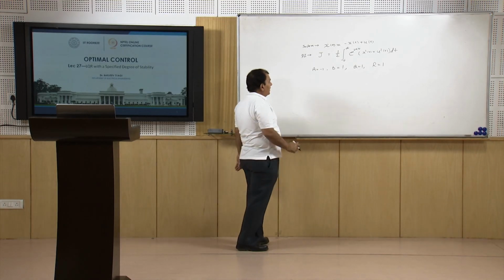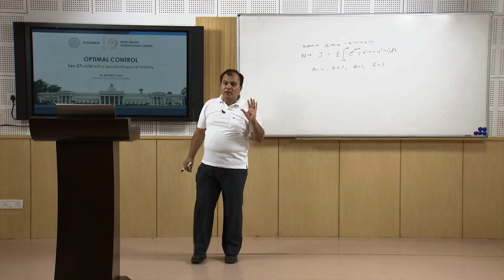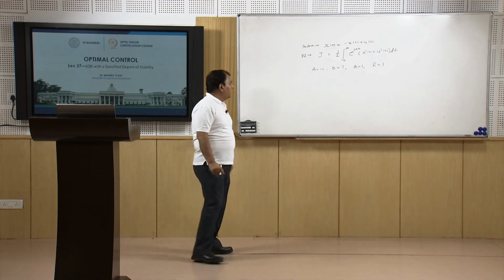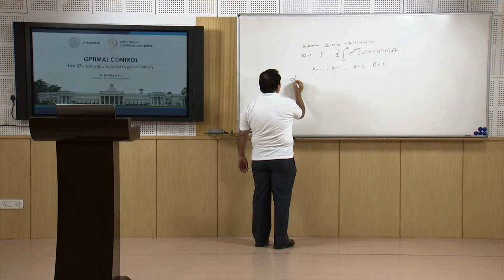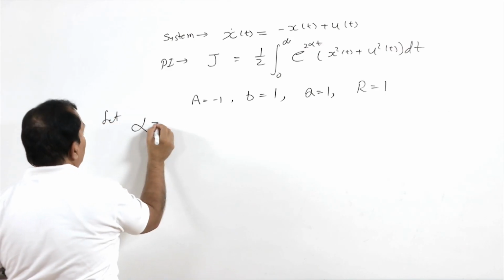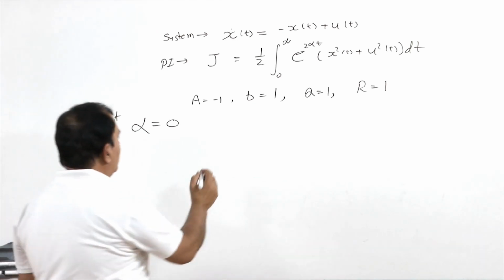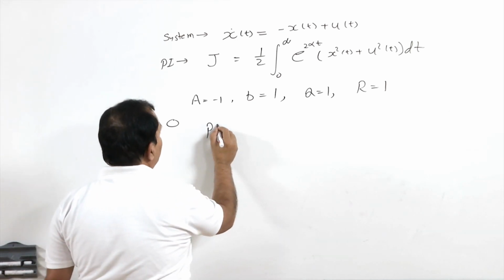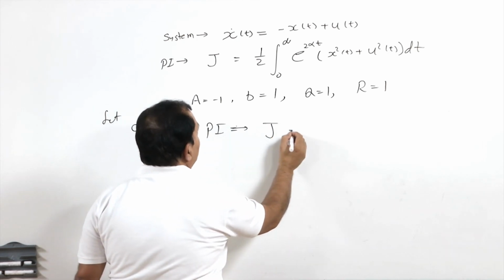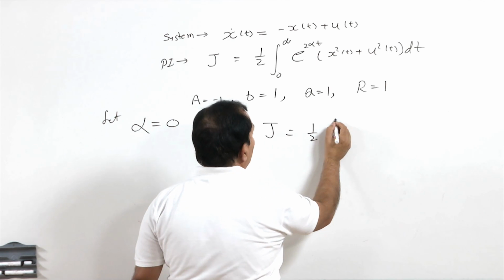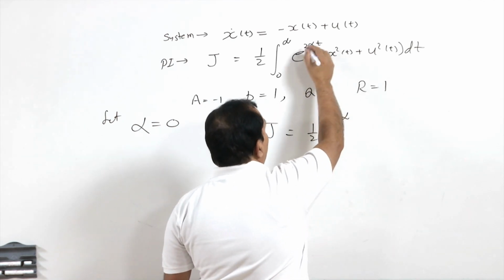So, let us take, if we do not use the specified degree of stability concept, means we take let alpha equal to 0. If alpha equal to 0, so my Pi is simply 1 by 2 integral 0 to infinity, and this term will become unity.